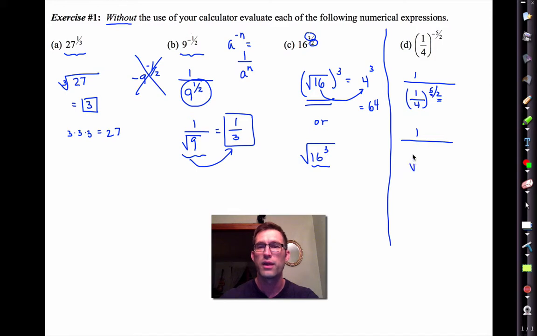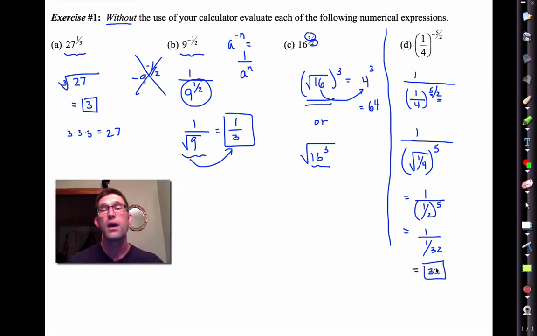So maybe I do the square root of 1/4 raised to the 5th, right? Square root of 1/4 is 1/2. 1/2 to the 5th is going to be 1/2 times 1/2 times 1/2, etc., which will be 1/32. And 1 divided by 1/32 will be 32.